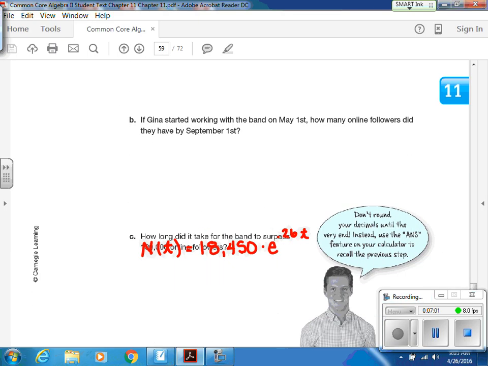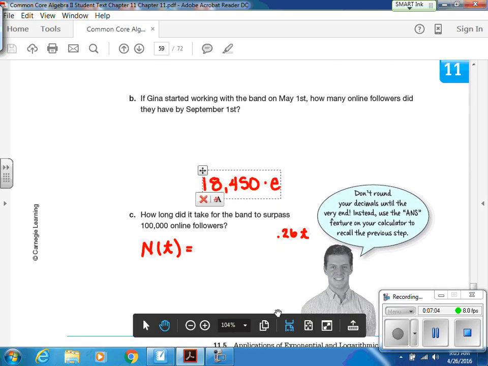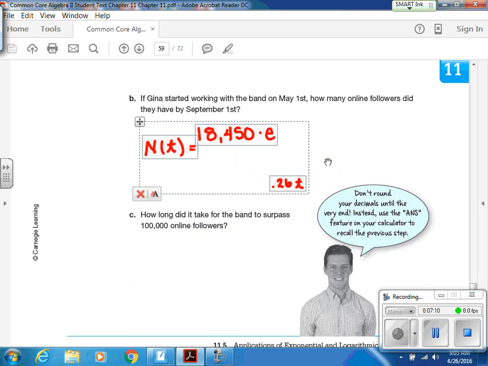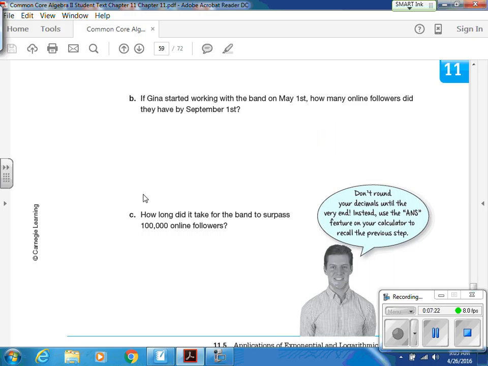Alright, for question C, how long did it take for the band to surpass 100,000 online followers? Okay, so we have this formula. We had it. It disappeared. What is it? 18,450 times e to the 0.26.